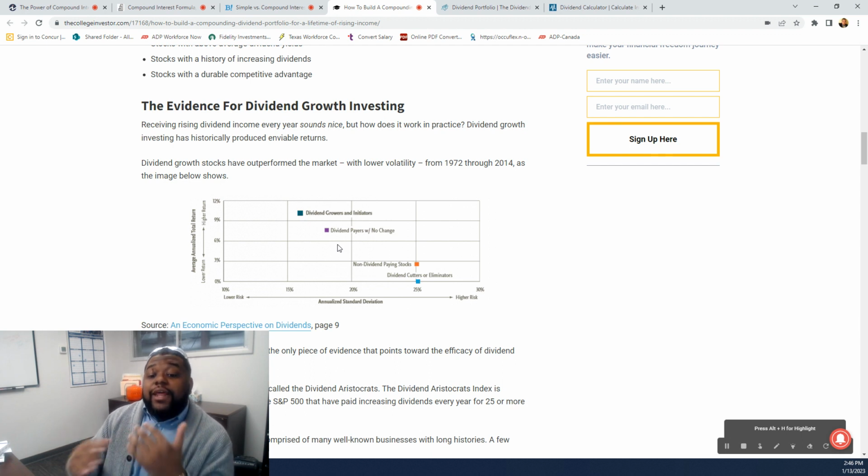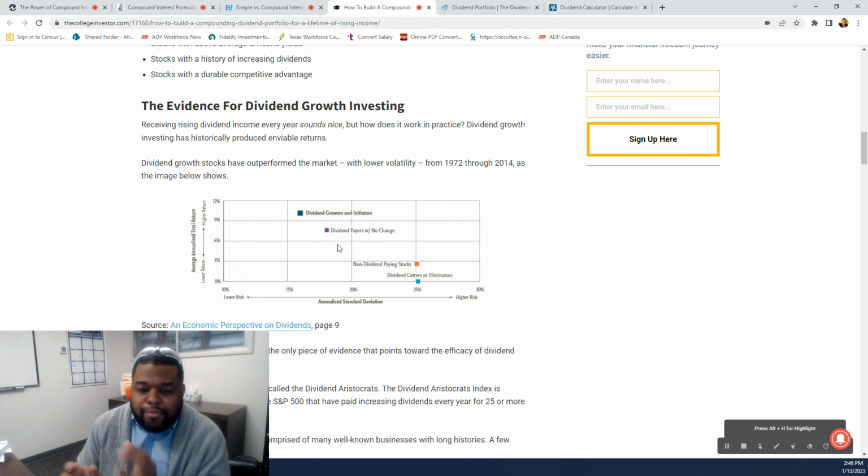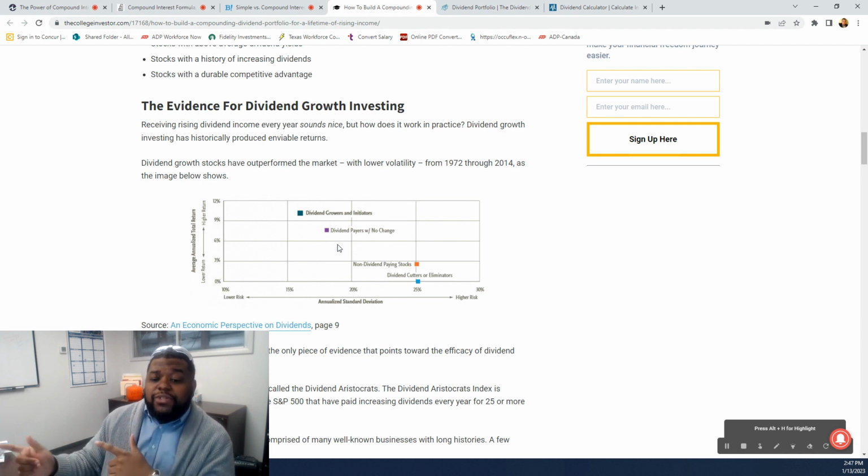So even in the market right now, last year when the market was down over 20%, I actually was able to increase, and my portfolio grew 3%. That's because a lot of the growth stocks, like Apple, Amazon, Tesla, Google, took a big hit, and they take their money and reinvest it into their own company.